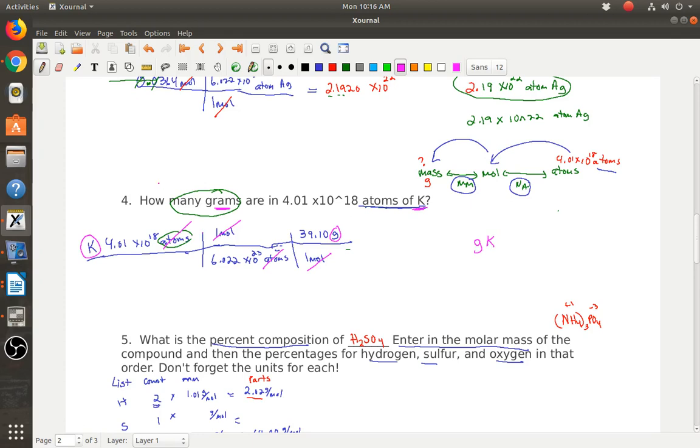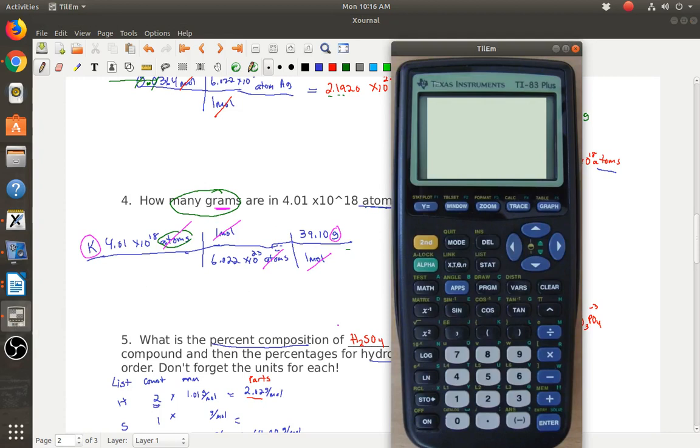I'm going to show you this one again because I'm going to be using multiple scientific notation numbers. All right, so this time we have 4.01. Again, second function. There's the E right there with the comma. And I put in the exponent of 18. And then I usually hit enter. Because I don't know, it's just my habit.